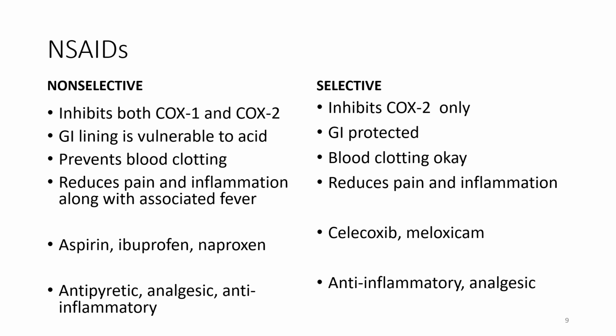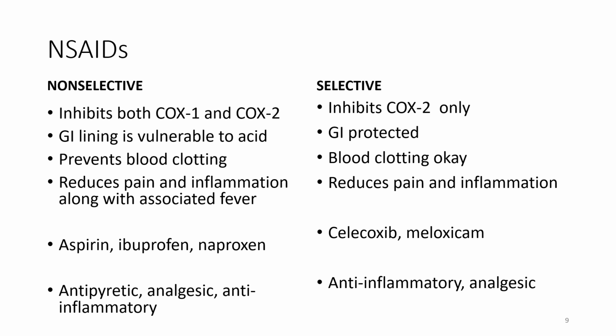When we're comparing the two, you would notice that it is most likely your chronic patients would be taking the selective NSAIDs, your meloxicam and your celecoxib, just because they're taking it more often, and we don't want to increase their risk of bleeding and risk of ulcers.